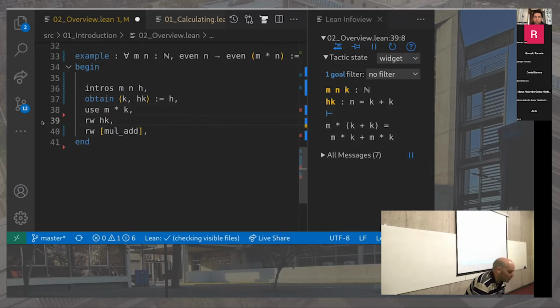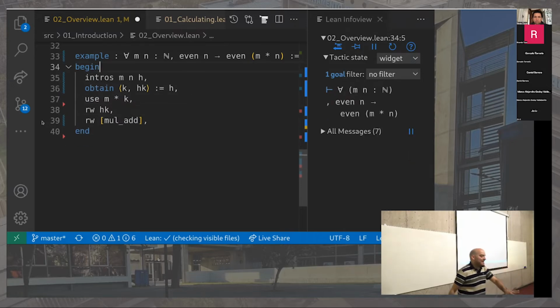I mean, we are not that far. This proof, I can almost automatize it. I don't want to show you now because otherwise you can automatize all the proofs I'm going to show you, because these are proofs of very simple statements.